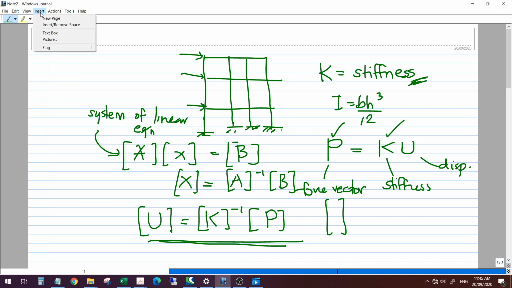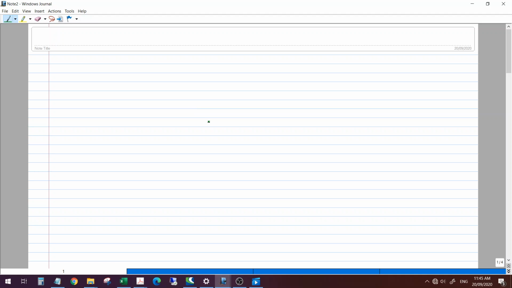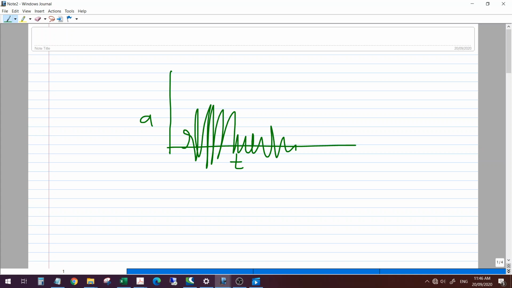Okay. So, insert new page. For example, this one, meron kaming accelerogram, which is the graph of acceleration versus time. So, ganyan siya, no? Gulo-gulo, no? Yan.